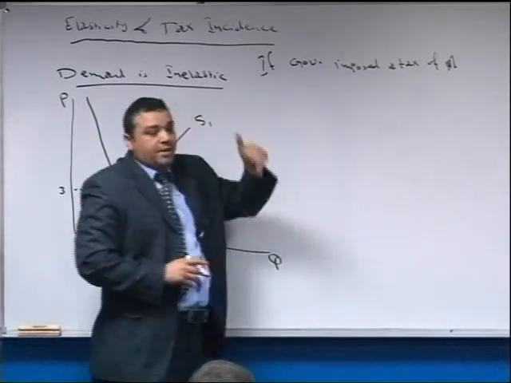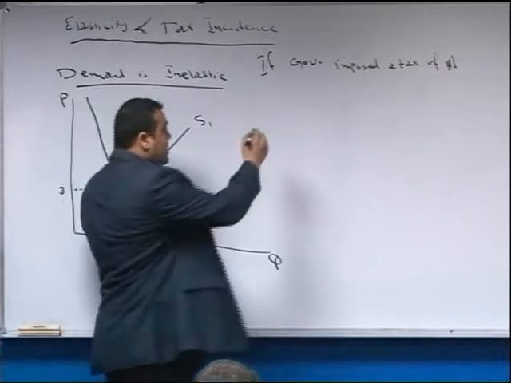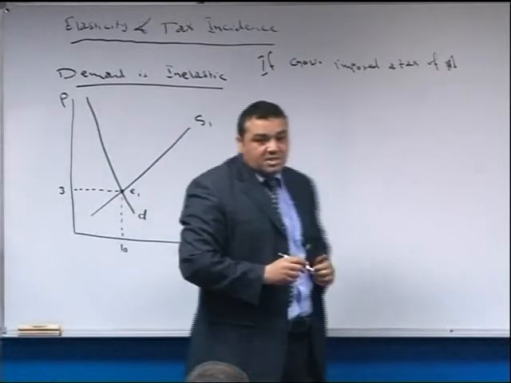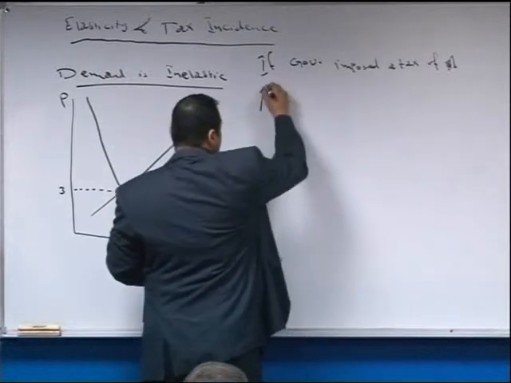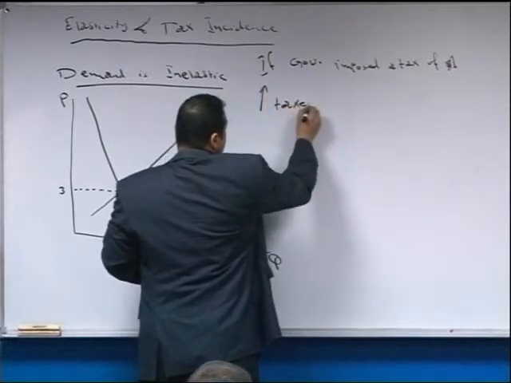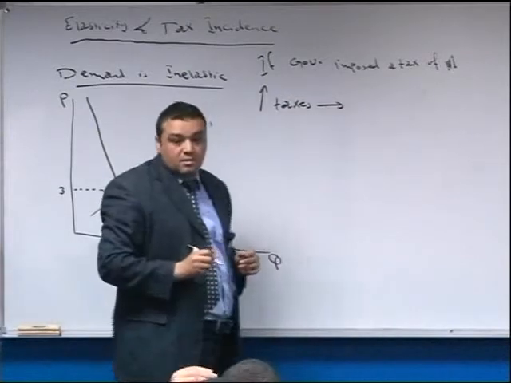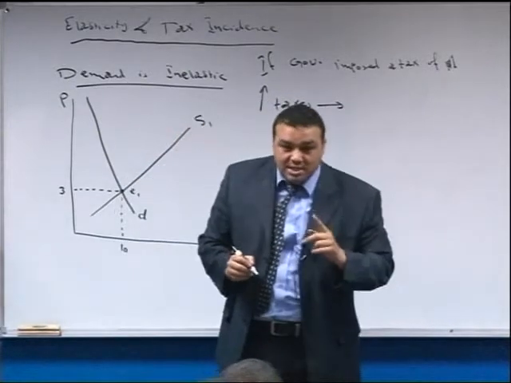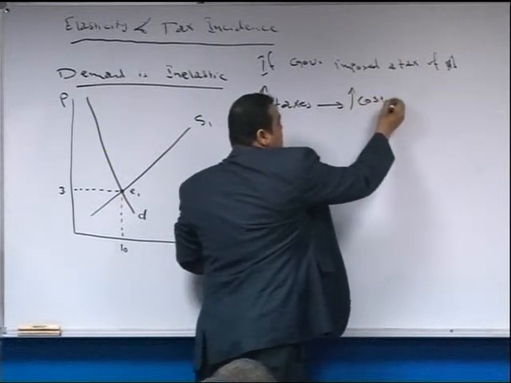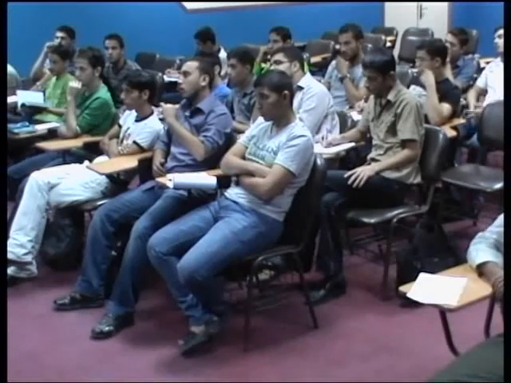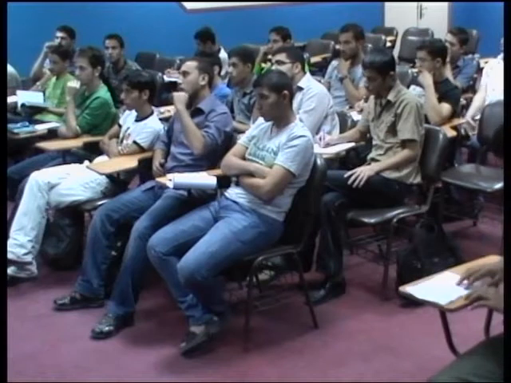The tax is one, and as you know, one of the determinants of supply is the tax. Increasing the taxes leads to increasing the cost of production. Yes, Muhammad. Declining in profits. Yes.